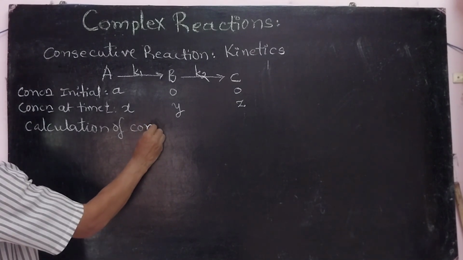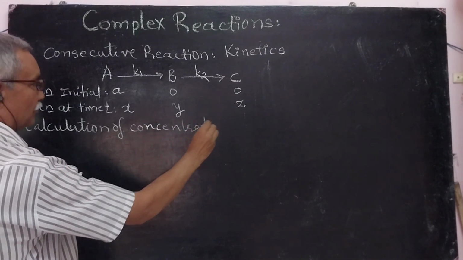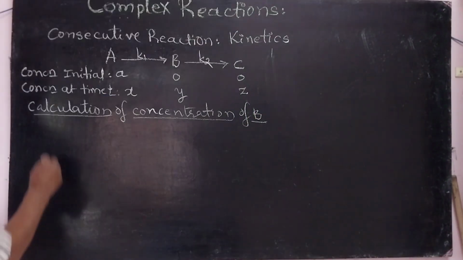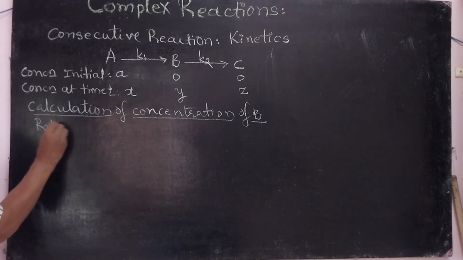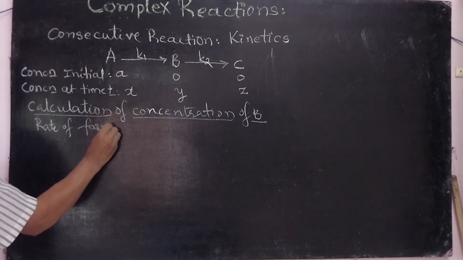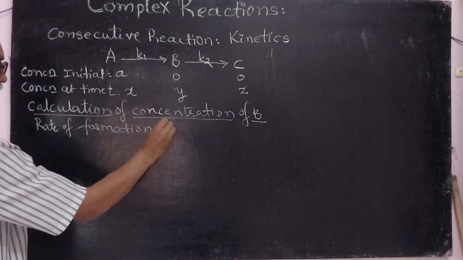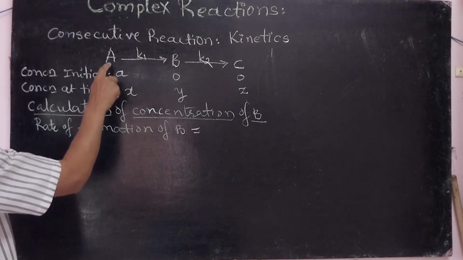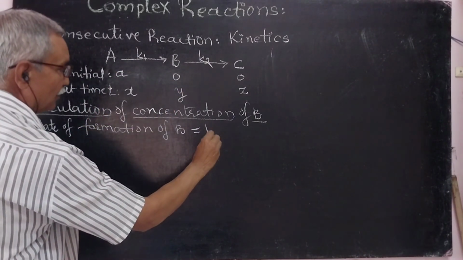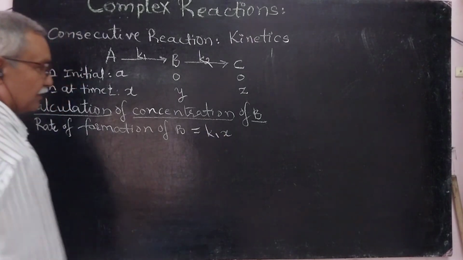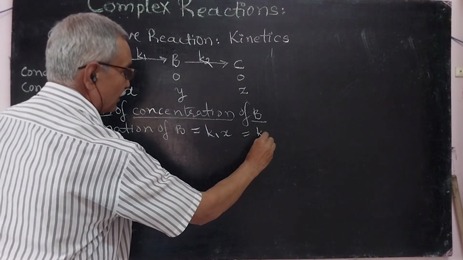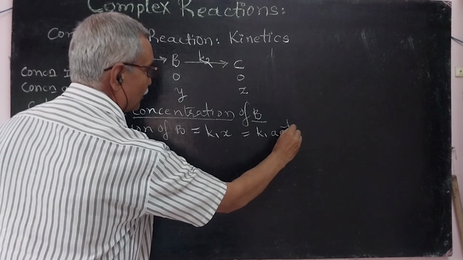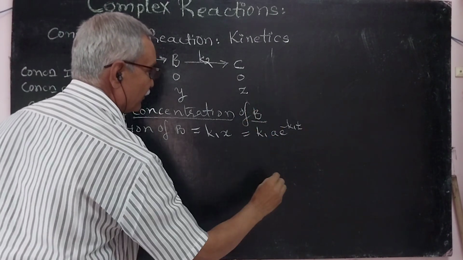Now the calculation of the concentration of B. Rate of formation of B is equal to, how is B formed? By this reaction, K1 into the concentration of X, that is nothing but K1 into A e raised to minus k1t.